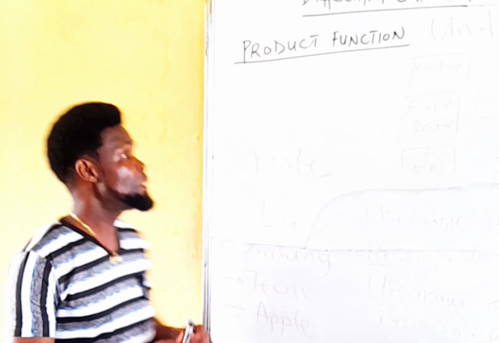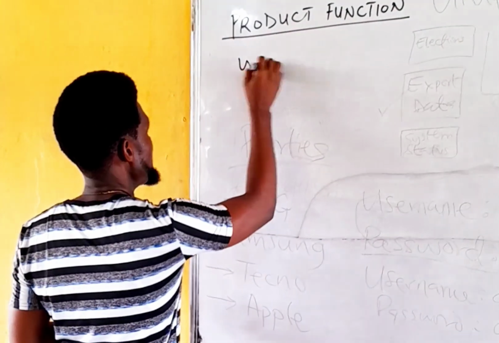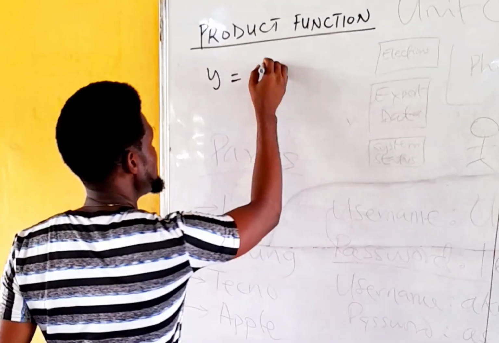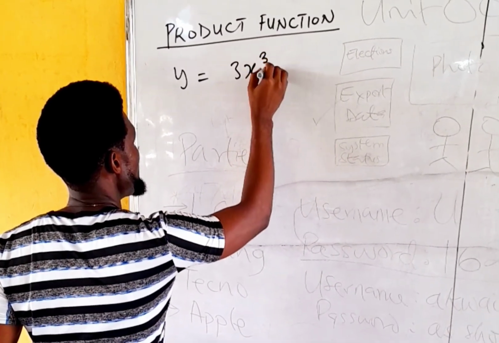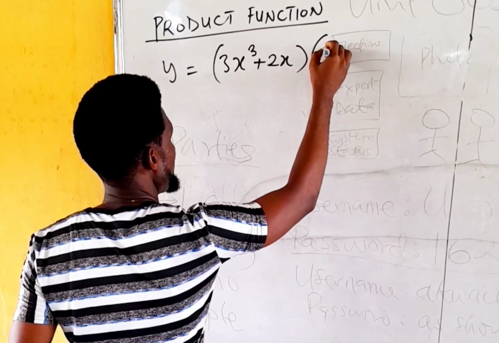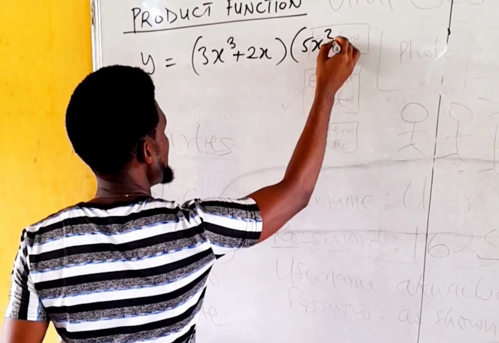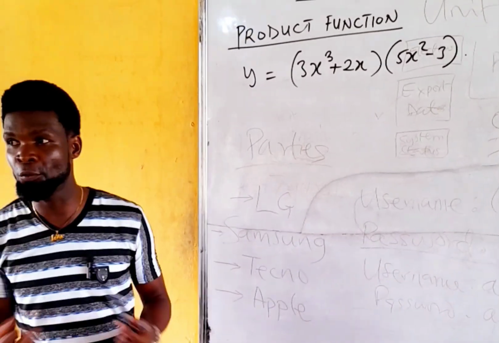Okay, so let's pick another example. For instance, if y is equal to 3x raised to power 3 plus 2x, into 5x squared minus 3. That is still a product function.